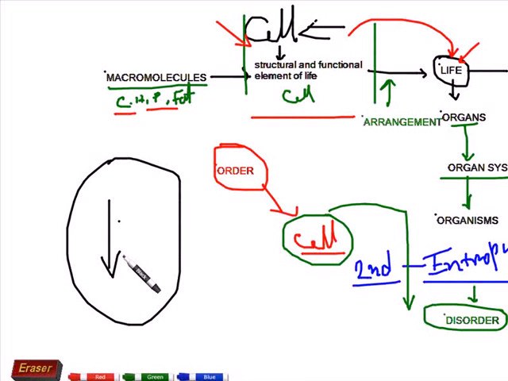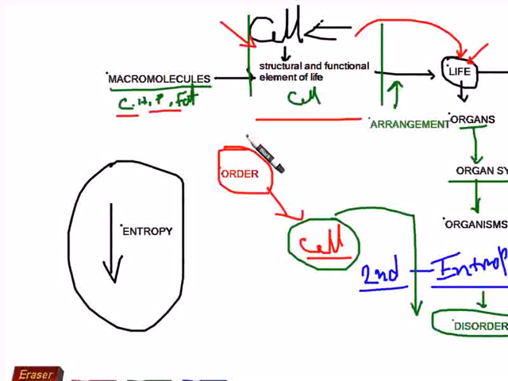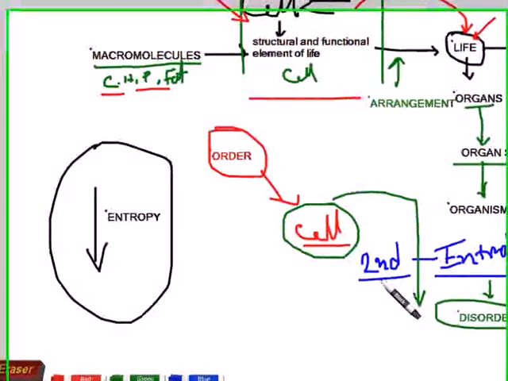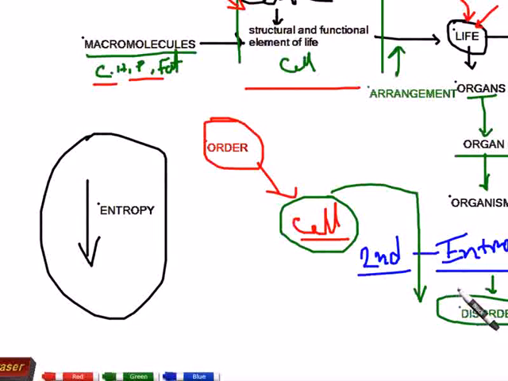That is what a cell is: it provides a medium that is different from the universe. Now a question can arise: according to the second law of thermodynamics entropy is rising, so in a cell, can we have this second law wrong?